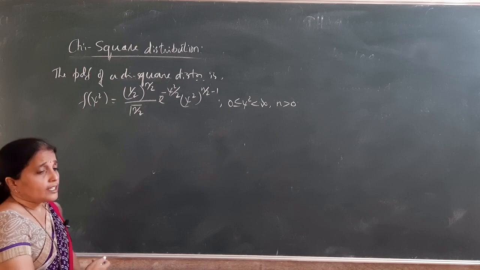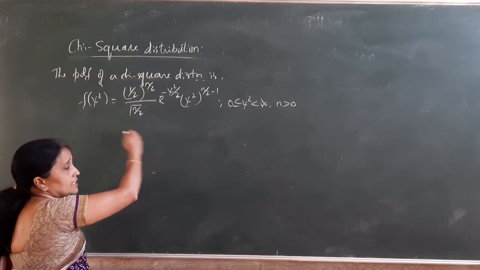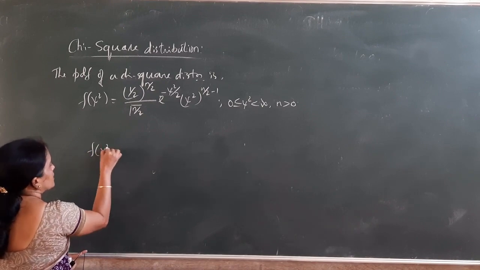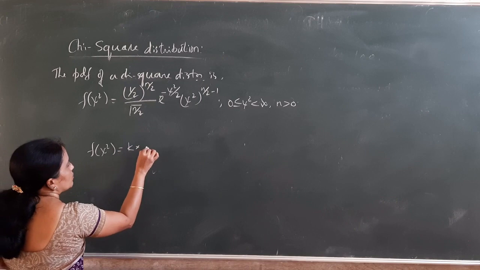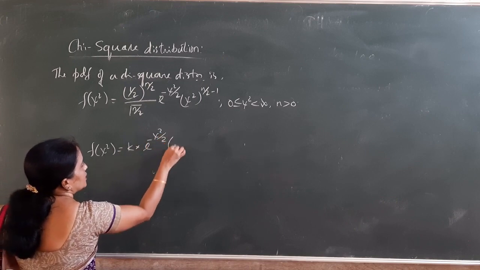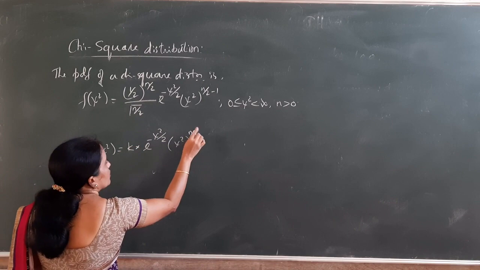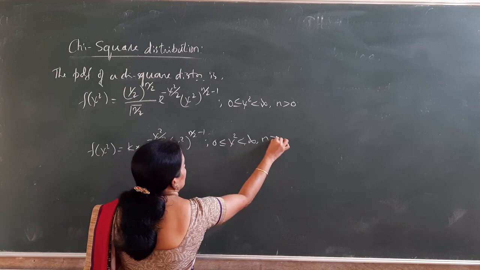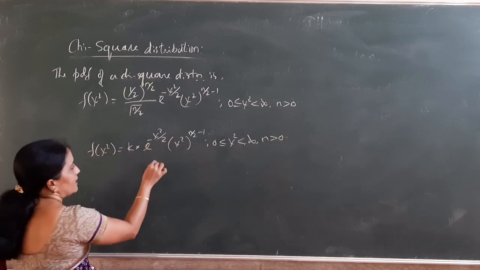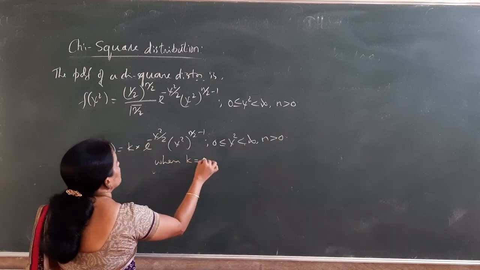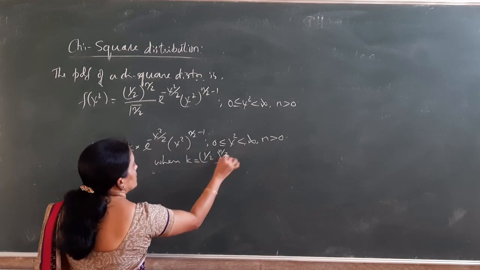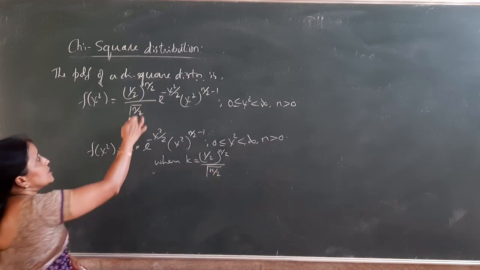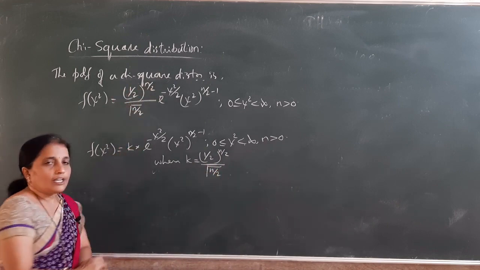In your textbook, instead of writing this, it is considered as f of chi-square equal to k into e power minus chi-square by 2 chi-square power n by 2 minus 1, 0 less than or equal to chi-square less than infinity, n greater than 0, where k equal to half power n by 2 divided by gamma n by 2. Just this factor is replaced by k in your textbook.